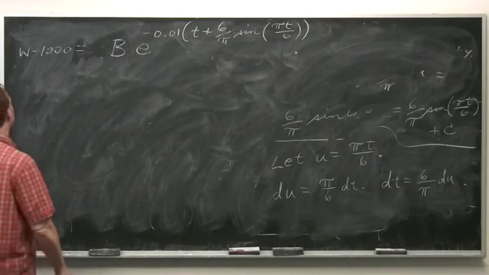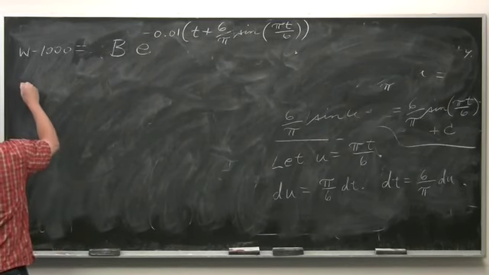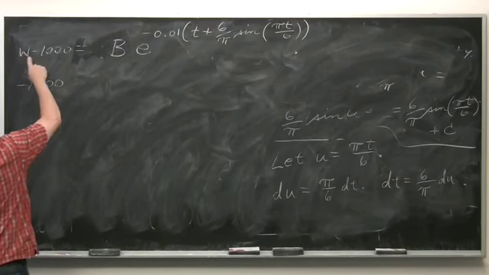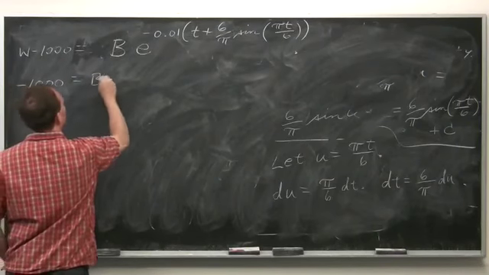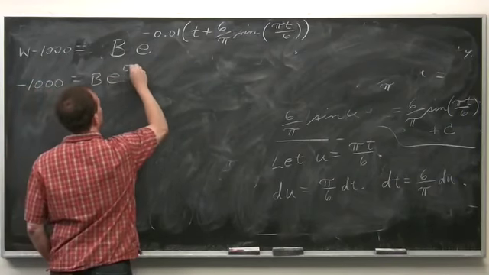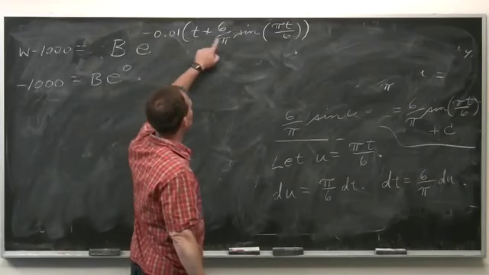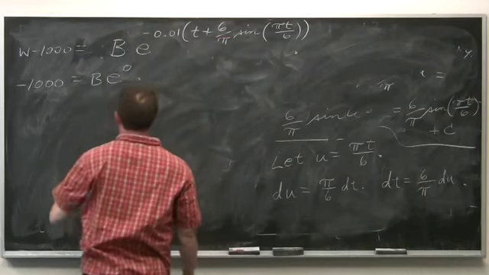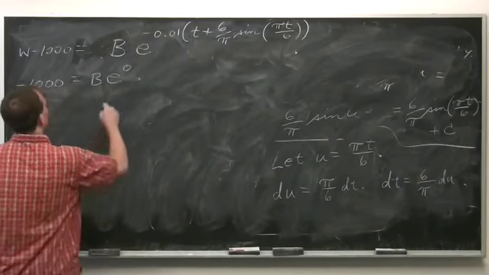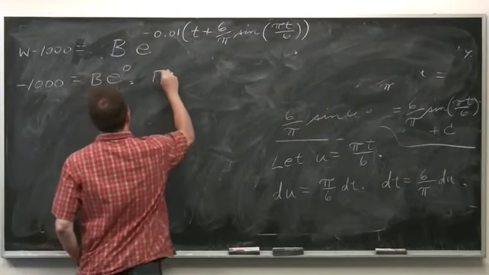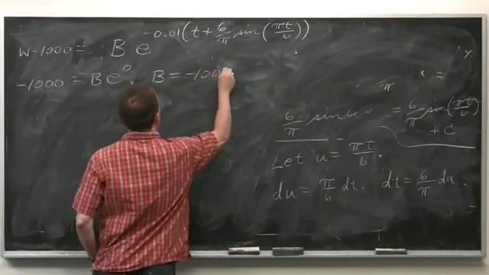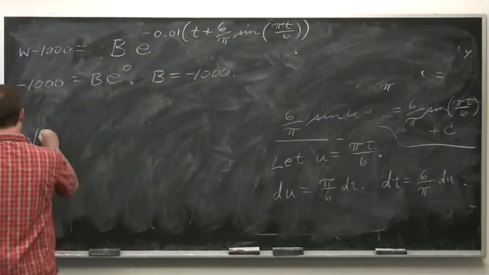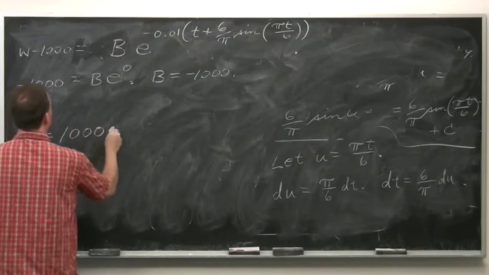Now would be a good time to plug in the initial data. When t is 0, w is 0. When t is 0, we get 0, e to the 0. This is 0, sine of 0 is 0, so all this is just 0. So we get b is negative 1,000. If you put that back up here and put that 1,000 on the other side, you get our solution for the number of coats sold.